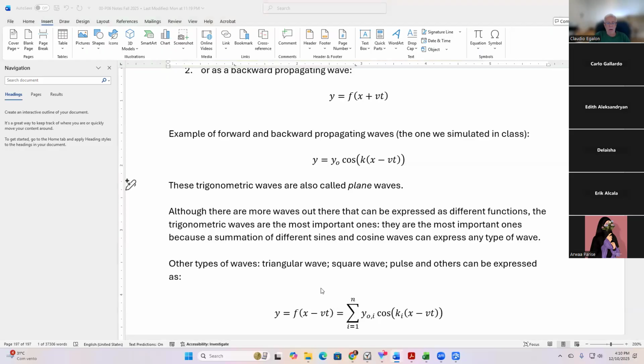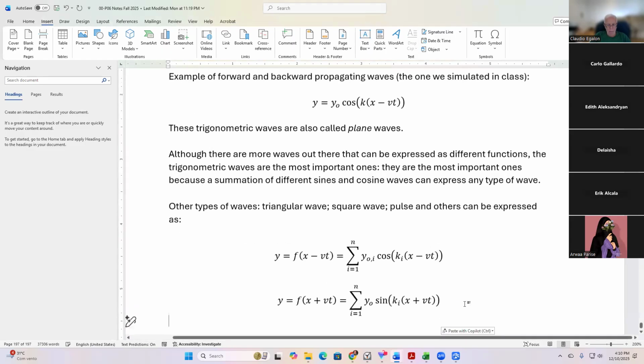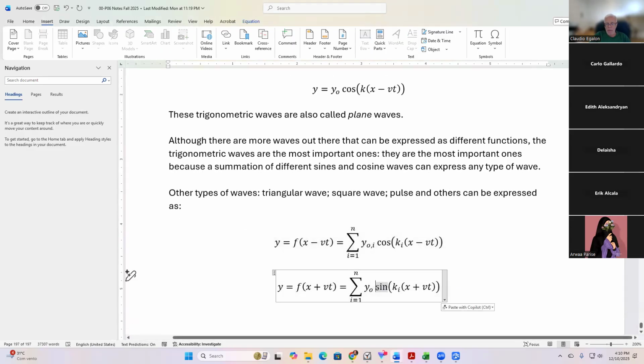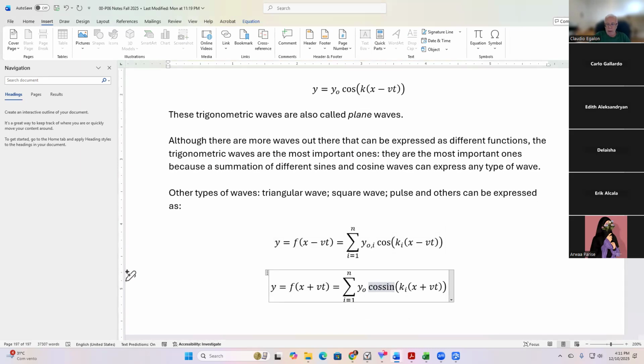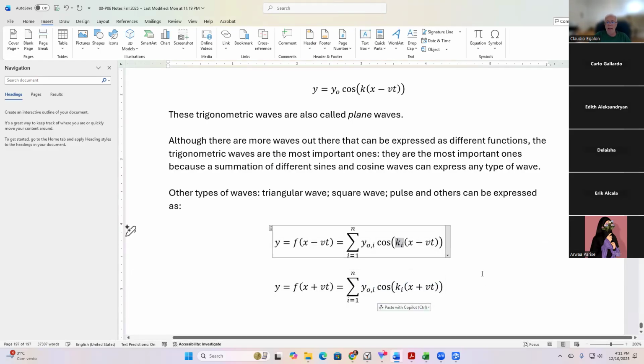Okay, here you go. Here's a forward propagating wave. And this one here is a backward propagating wave. Oh, 1, 2, 3. Here you go. I gotta change the amplitude as well. And by the way, what this k represents, right?